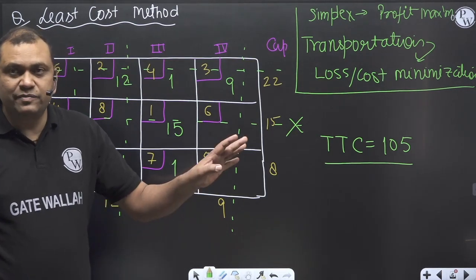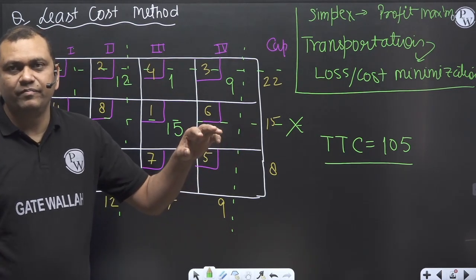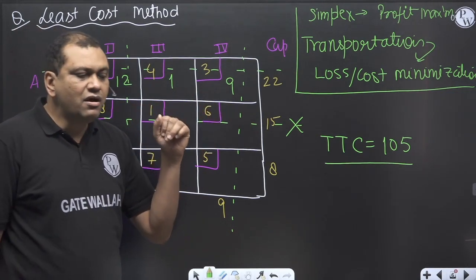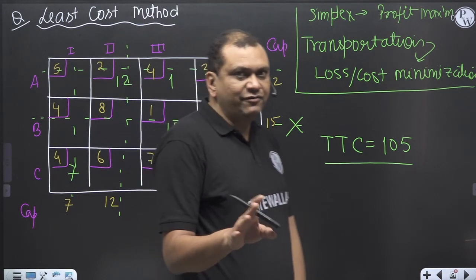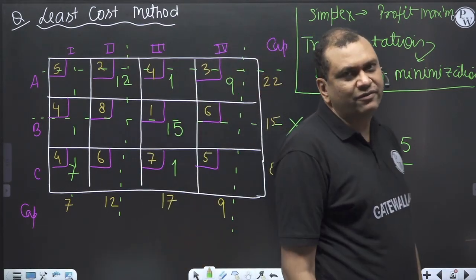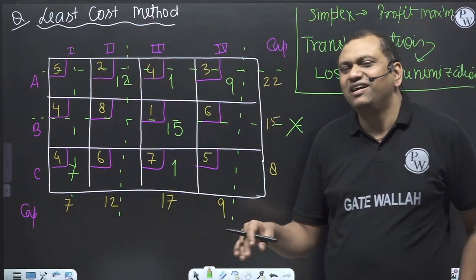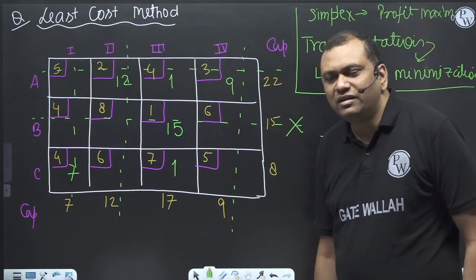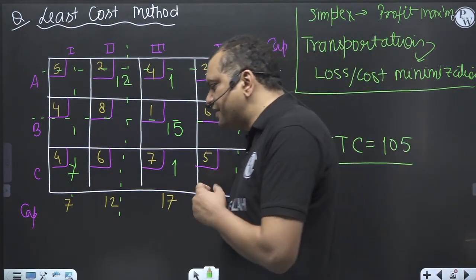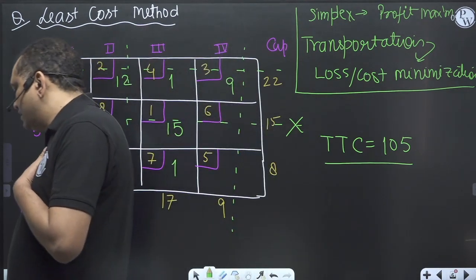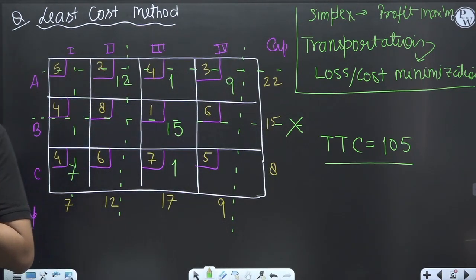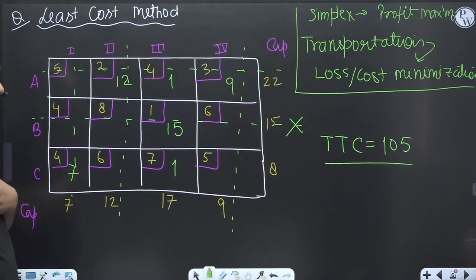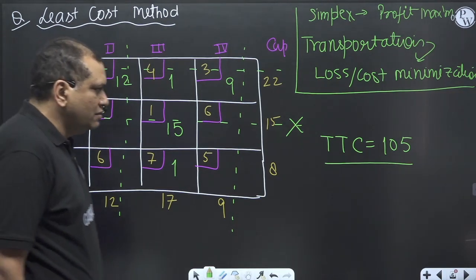This least cost method gives you a matrix better than northwest corner. And it will be somewhere the middle table of simplex, after a few iterations. So this is the second method of finding out the initial basic feasible solution by using least cost method. Okay.